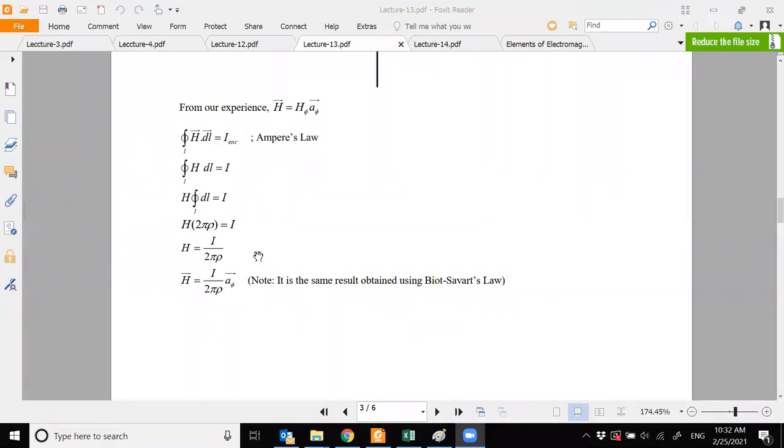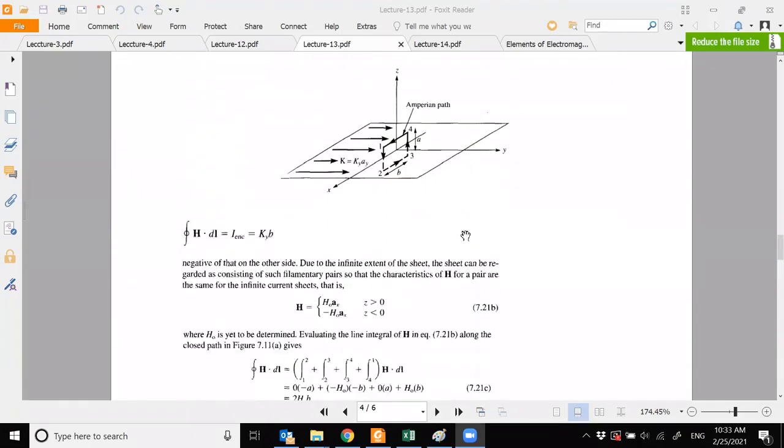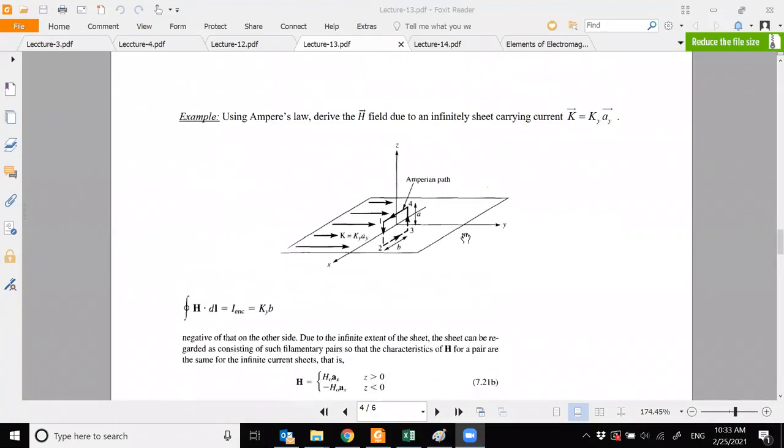Therefore, Ampere's law is the fundamental law and Biot-Savart's law is not fundamental. Okay? Yes, any questions? Shall we move?